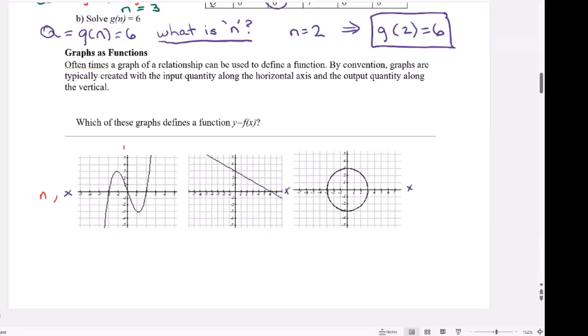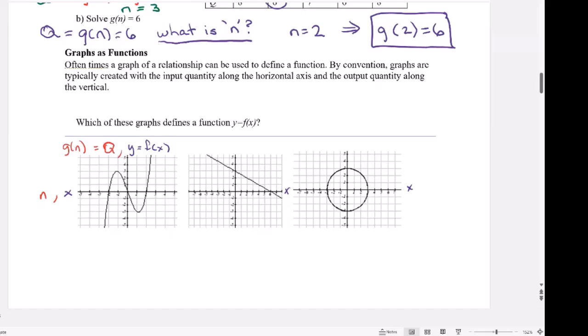So this is y. y is a function of x, our input. So y is our output. Our input is x. For the previous question, this would be Q. I just want to put them in the same color so you can see that they go together, and we call this G of N. Okay, so it all matches.